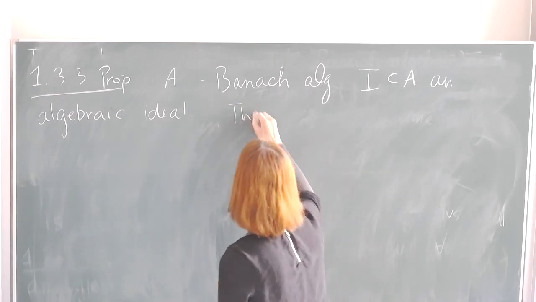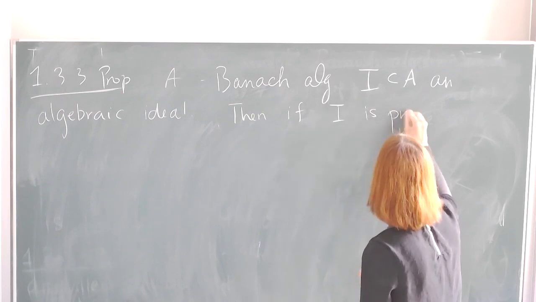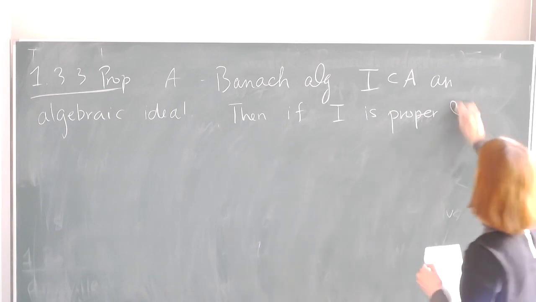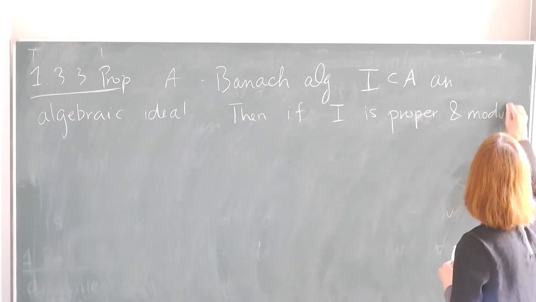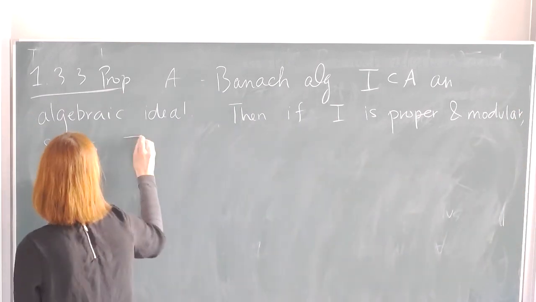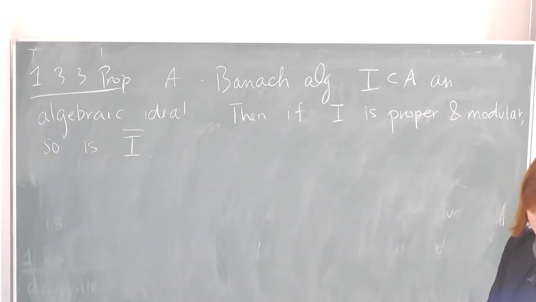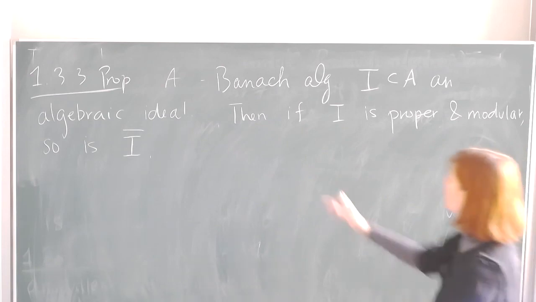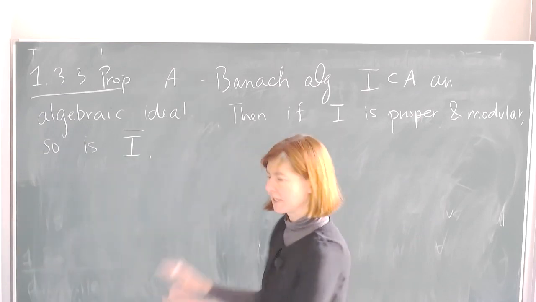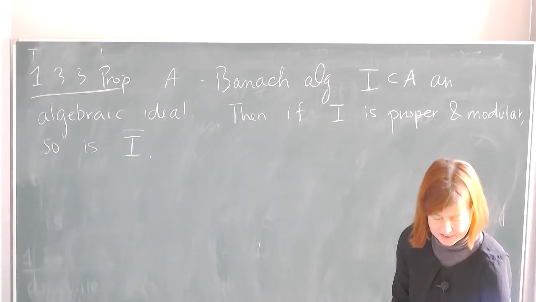Then if I is proper, so is its closure. Oh, I guess I need modular. And why is this useful? Because this will tell us that whenever we have a maximal modular ideal, it has to be closed, which will come in handy later on.